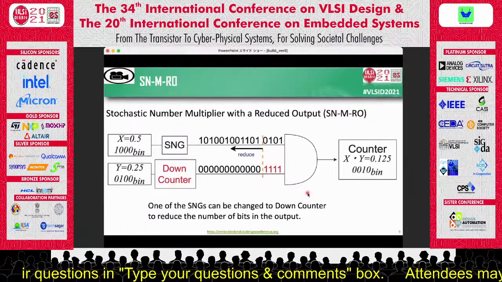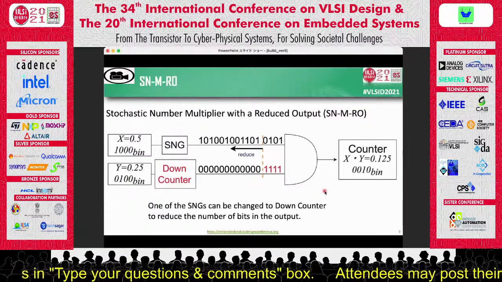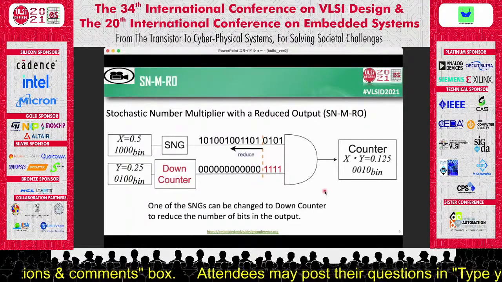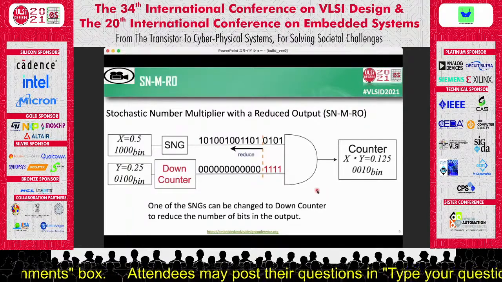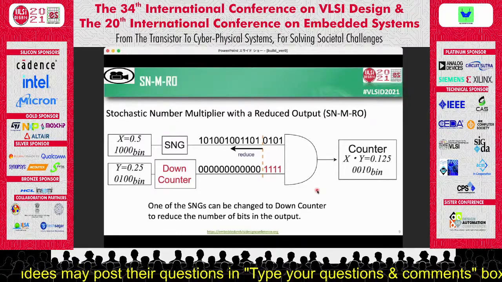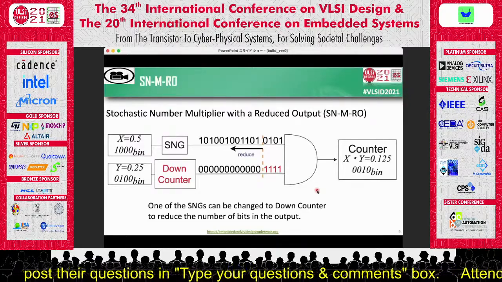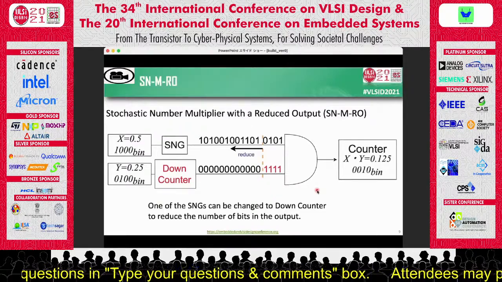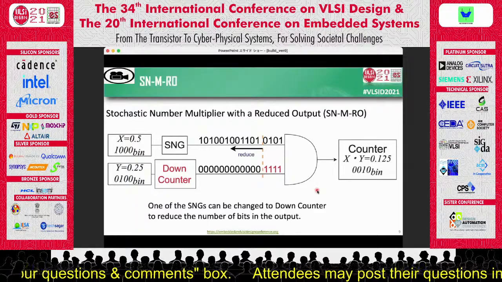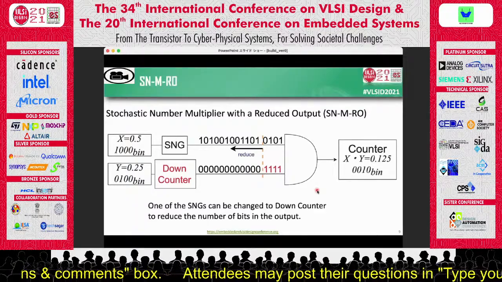For example, if we multiply by 0.25 and are using 16-bit SNs, then a quarter means we have only 1/4 ones in the SN.